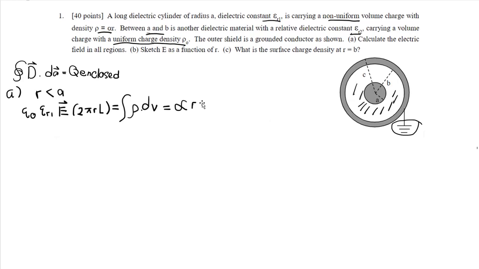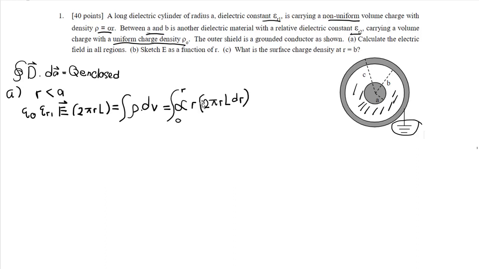And so for the volume, we would be taking basically the perimeter of a circle, which would be 2 pi r, and we multiply that with the length of the cylinder with respect to dr. The integral is from 0 to r, because our Gaussian surface does not go up to a, but has a radius of less than a.